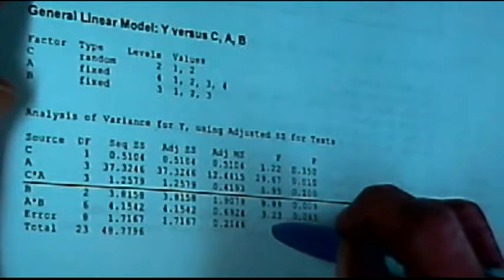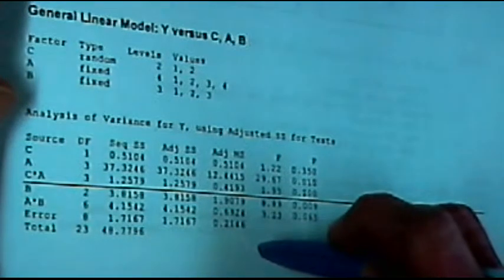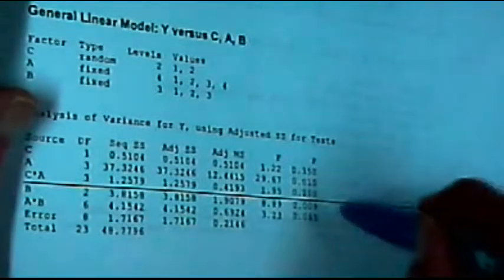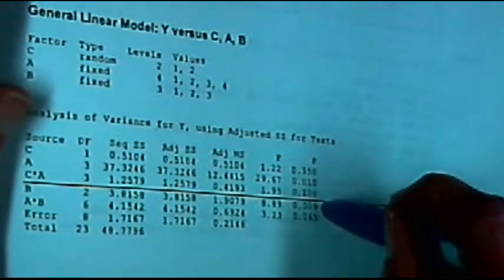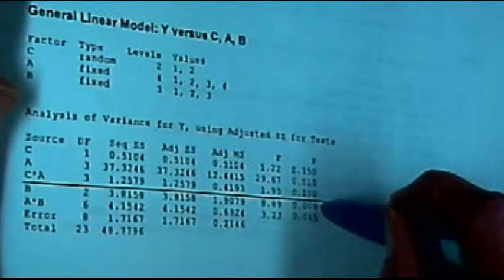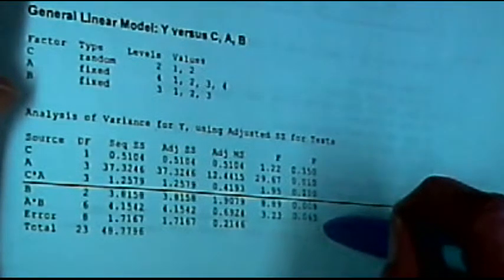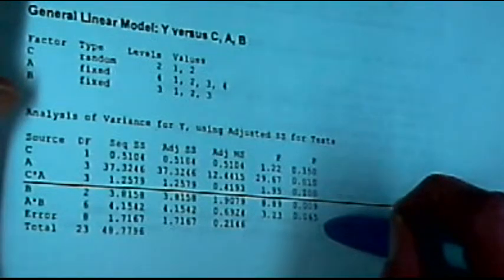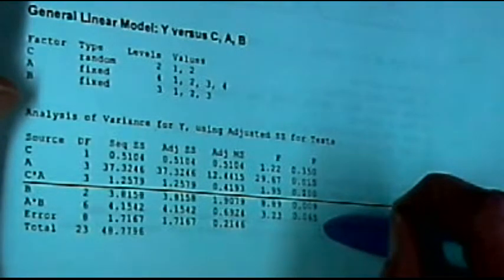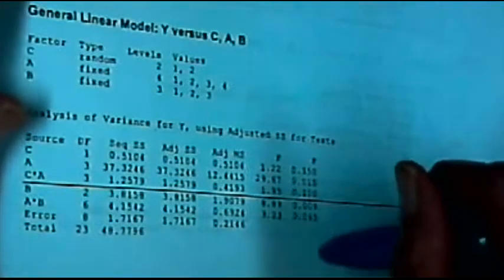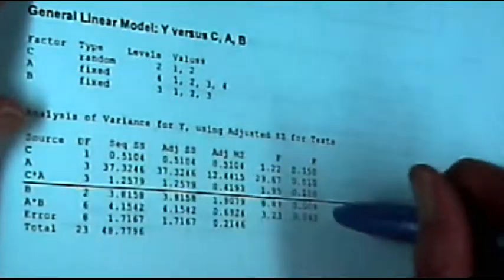So notice that we have used the error as a denominator for these 2 F tests. It tells us that the p-value for B is very small, and B is significant. The p-value for AB is small, but not under 0.05, so I guess we would accept H0 there. So in our usual way, we make the conclusions about the hypothesis on B and AB.